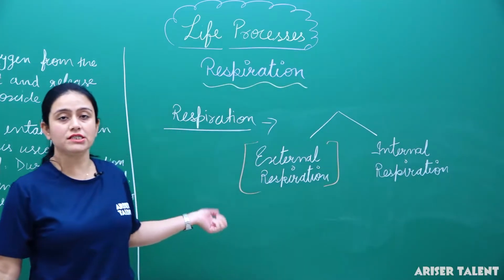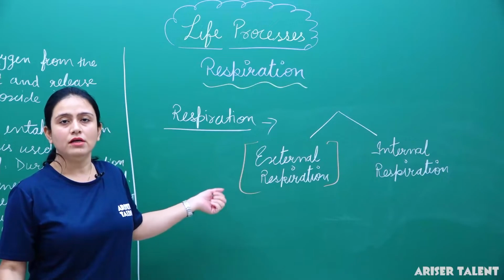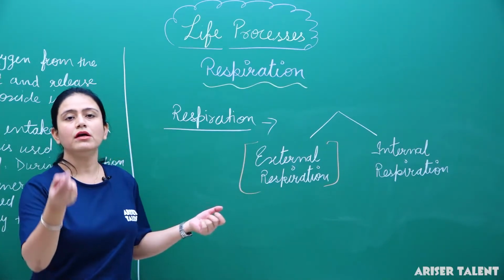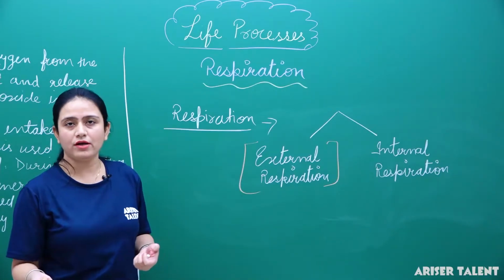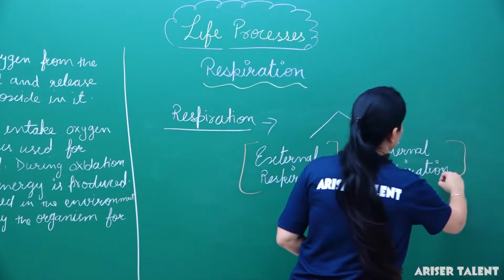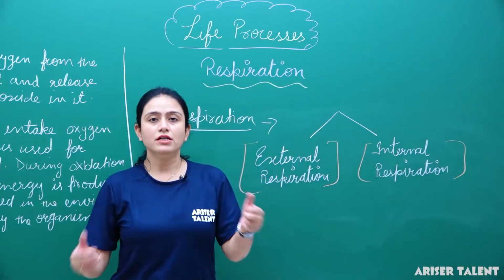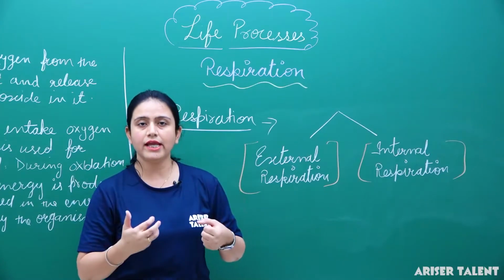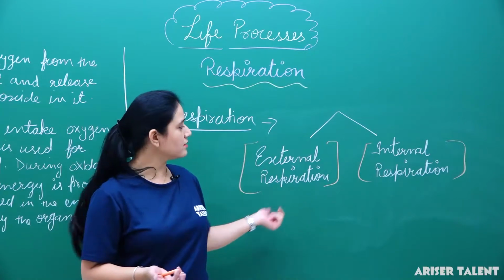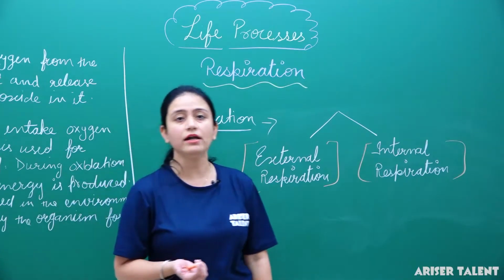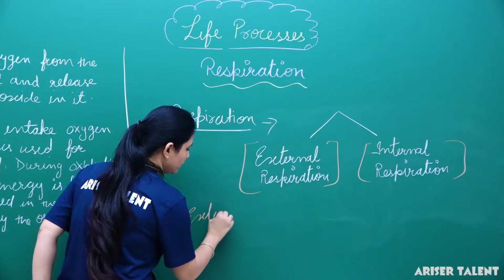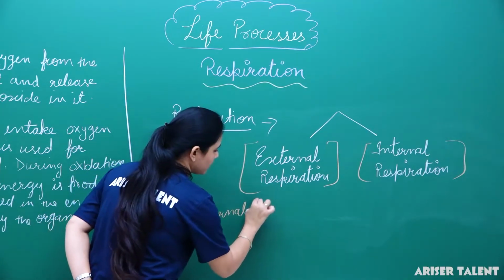External respiration means when the organism takes oxygen and releases carbon dioxide in the atmosphere. In internal respiration, generally tissue cells take the oxygen and then release the carbon dioxide. This is the difference between external respiration and internal respiration. First of all, we will talk about external respiration.